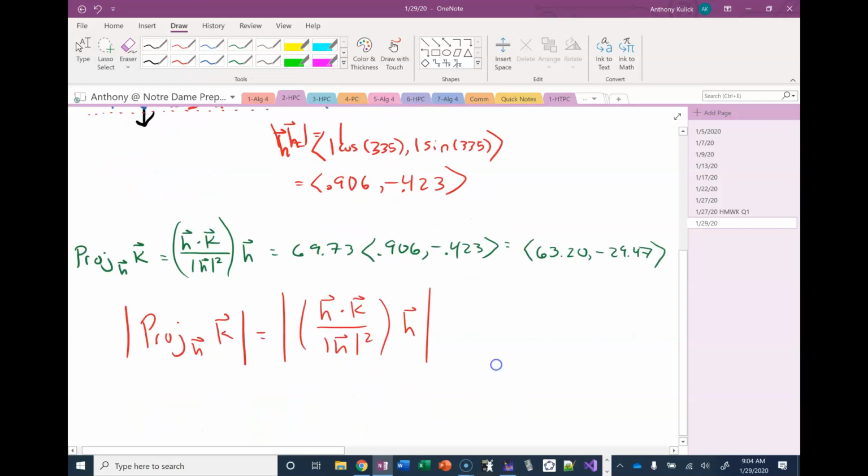So what was specific about this problem in the example from yesterday? What was the magnitude of H? That was 1, right?